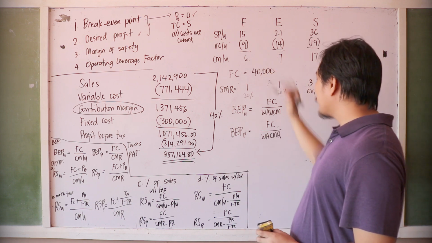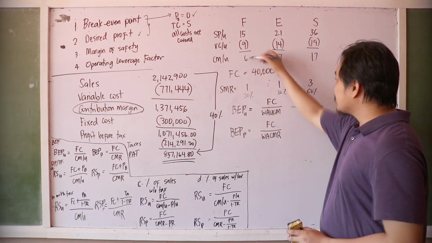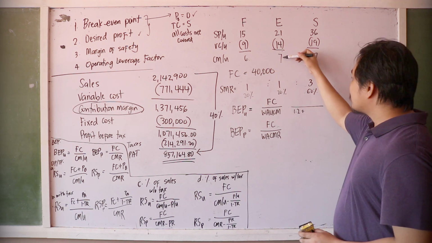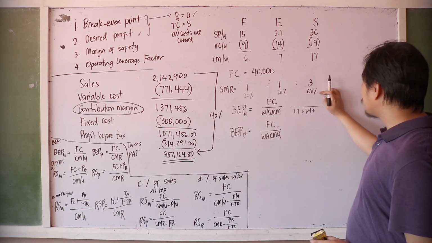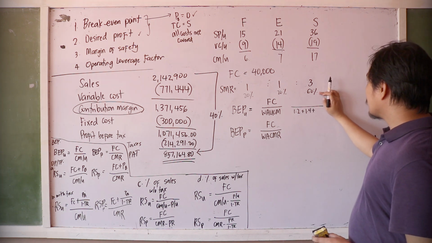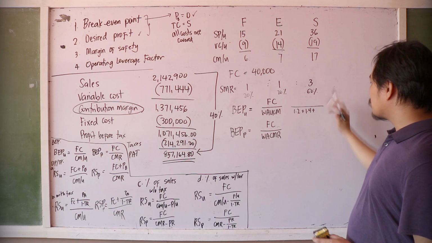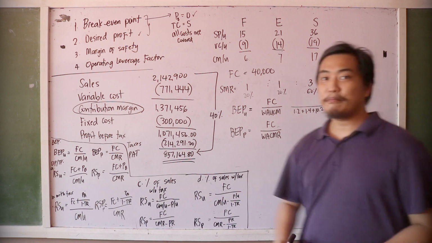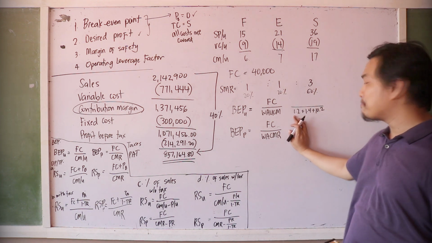So, 6 times 20%, so unit contribution margin natin is 6 times 20%, that's 1.2. 7 times 20% is 1.4. 17 times 0.6 is 10.2. Okay, 10.2. Plus 1.4, 11.6 plus ito, 12.8.